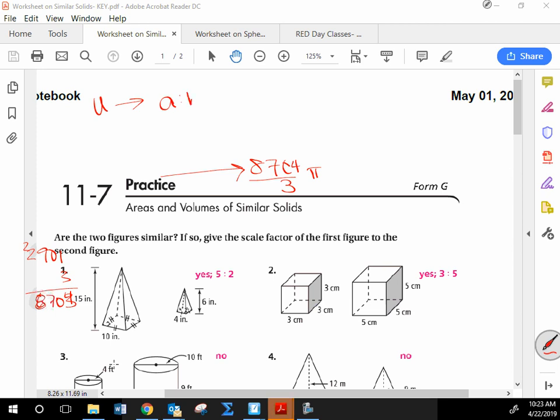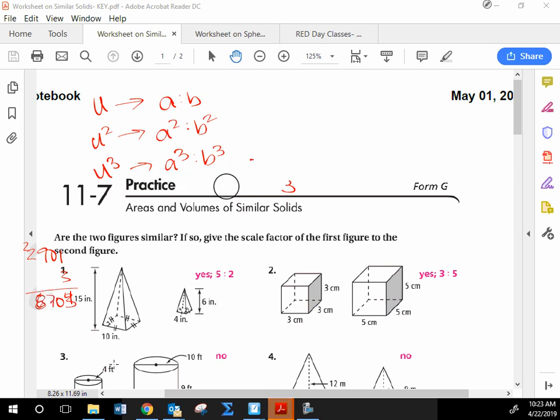Let's just say it's A to B. Now, if we want to talk about area, which is measured in units squared, then our ratio would be A squared to B squared. And if we want to talk about volume, which is measured in units cubed, that would be A cubed to B cubed. We use those ratios to help us set up a proportion and solve for unknown values.